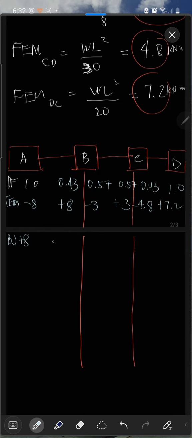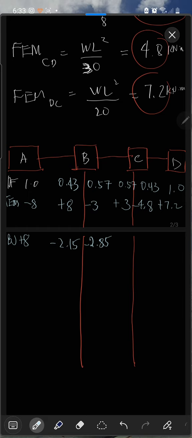Then change the sign, we have negative 2.15. Then still 8 minus 3, 5. 5 times 0.57, we have 2.85 positive, but change the sign. So negative 2.85.